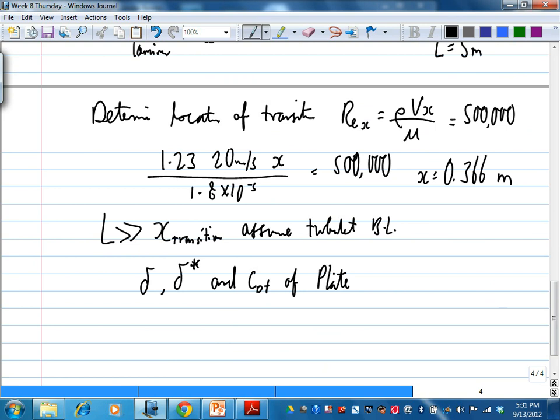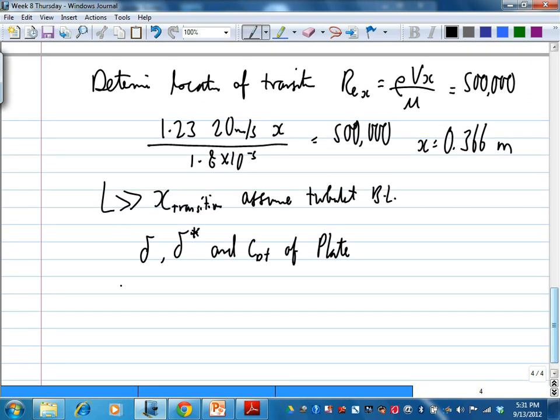Okay, so in this case, delta over X is, well, first we can calculate what the Re_L is.